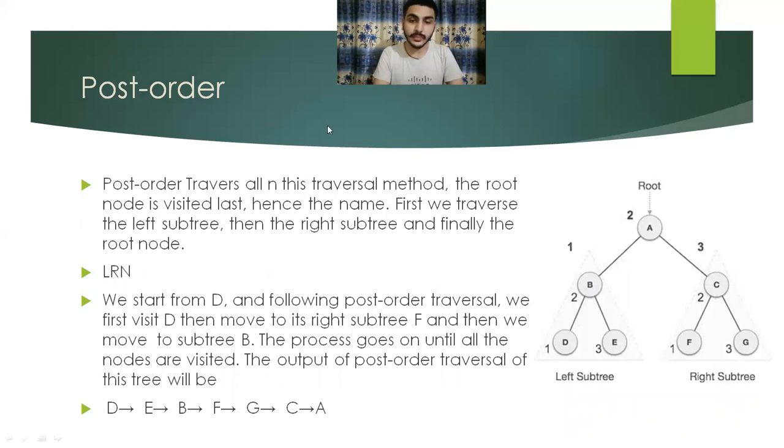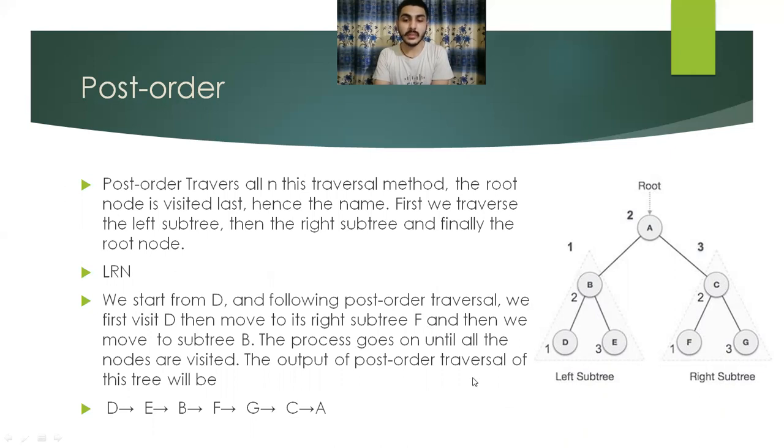Post-order traversal. In this traversal method, the root node is visited last, hence the name. First we traverse the left subtree, then the right subtree, and finally the root node, LRN. Same trick is used, LRN.